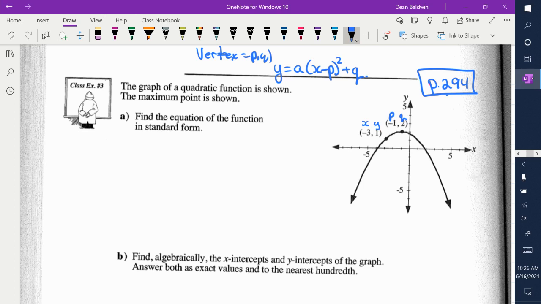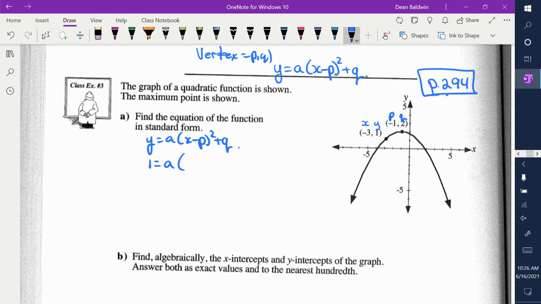To do that, plug your x, y, and your p, q into the equation. So if we start with y is equal to a(x minus p) all squared plus q, my y value is 1. My a value is what we're trying to find.